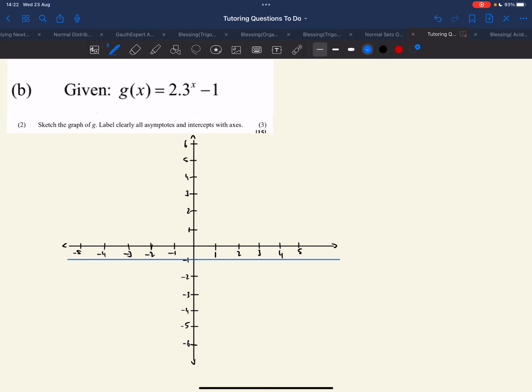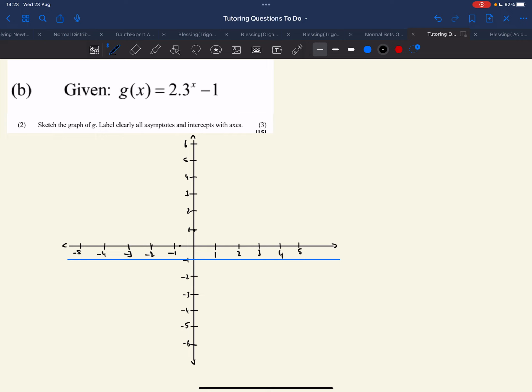Okay, now remember, we found our y-intercept to be at 0, 1. It was here, and then if we check, the x-intercept was negative 0.63. Negative 0.63 is probably somewhere around here.